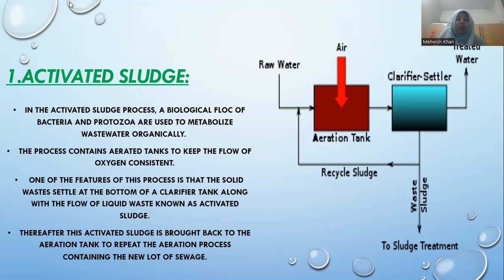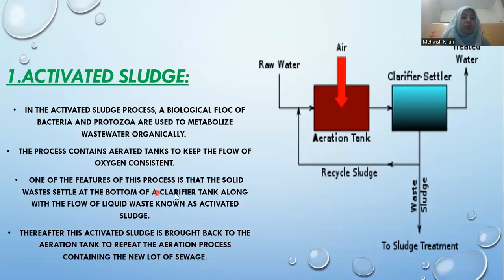Let me annotate it properly to make it clearer. Okay, you can see the process contains aerated tanks to keep the flow of oxygen consistent. What are aerated tanks? Aerated tanks mean there's a continuous flow of oxygen, or you can say air.